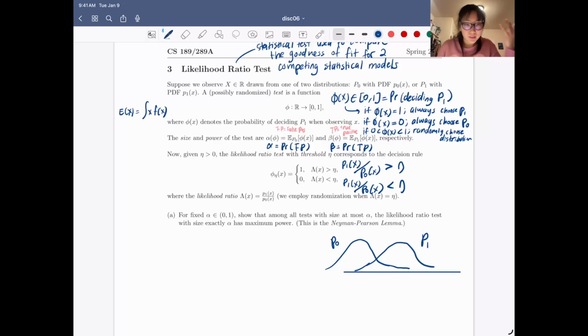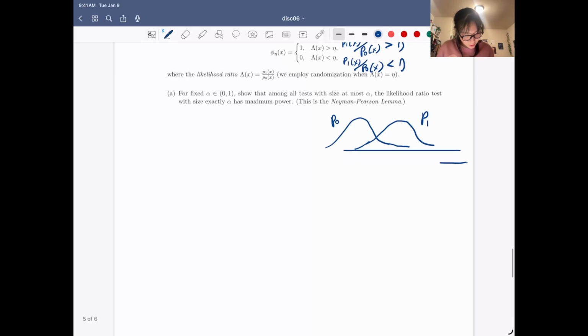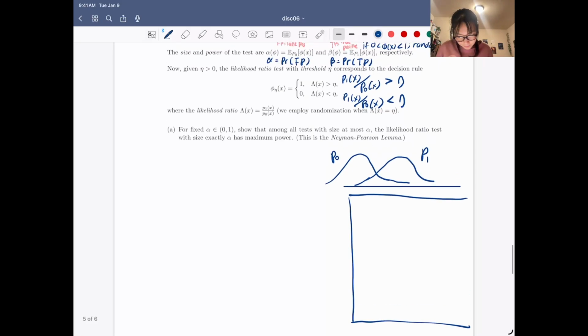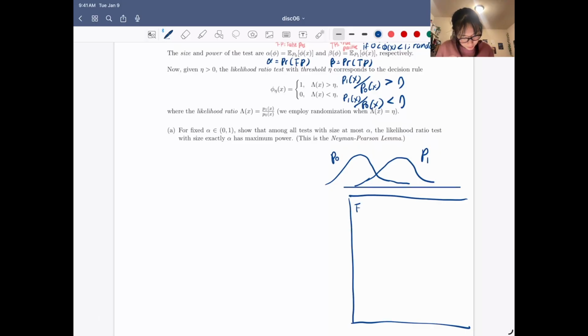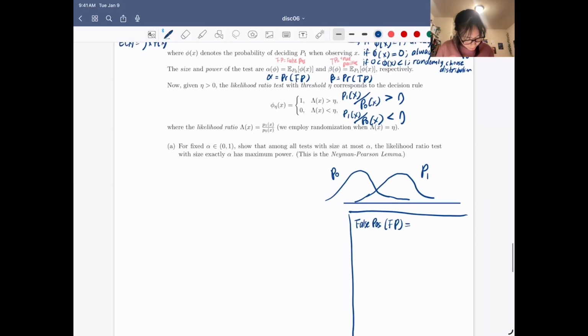Or P1 can be a distribution that says, oh, you do have an illness. We just defined many different kinds of terminology. So we have false positives, FP. This is also called type 1 error.